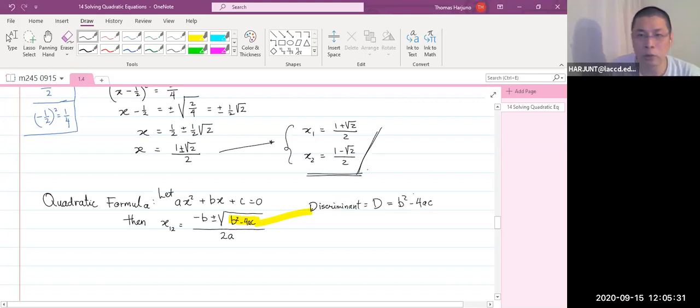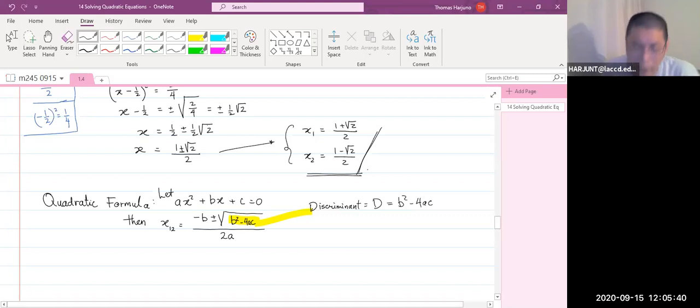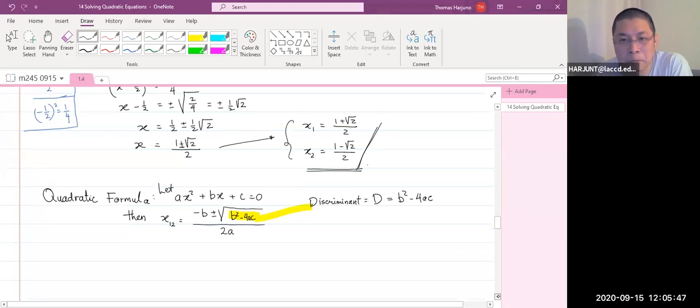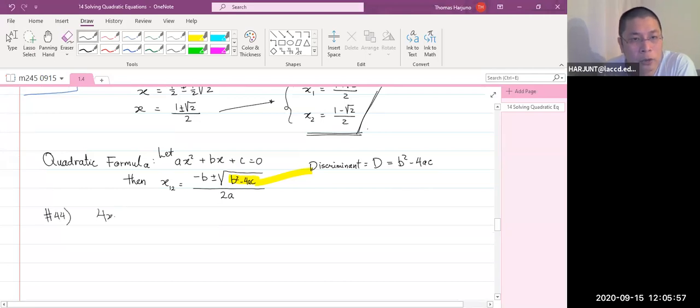Now, I recommend you work on that discriminant first before you compute the solutions. So instead of working on the formula right away, I strongly suggest you do the discriminant first. Okay, example. If I use that number 44, we have 4x squared minus 4x equals 1. I have to make one side equal to 0 first.